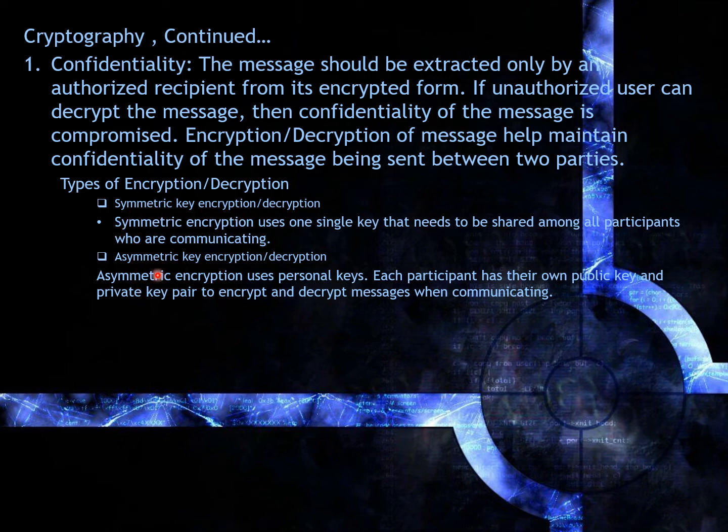Unlike symmetric key, asymmetric key involves two keys, one public key and one private key. If I want to send a message to my friend on the other end of the line, somewhere in the world, I will encrypt the message using the public key. My friend on the other end uses the private key to decrypt that message. But in symmetric key, we both have to use the same key.